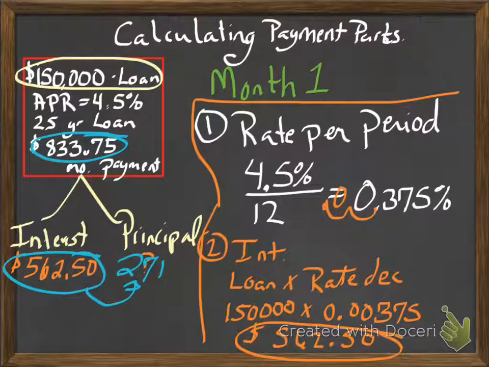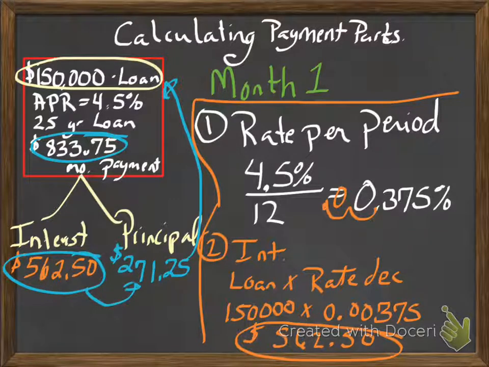That's how much went to our principal. Your principal's purpose is to lower your loan amount.